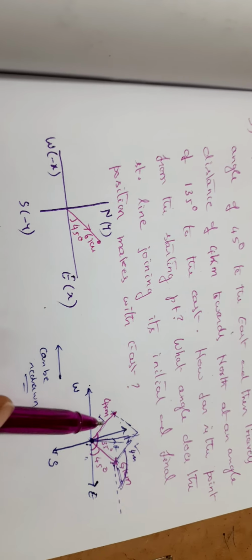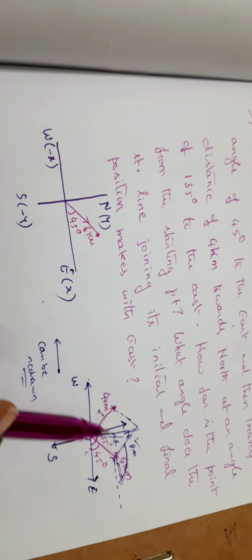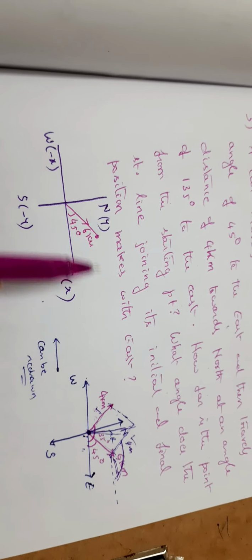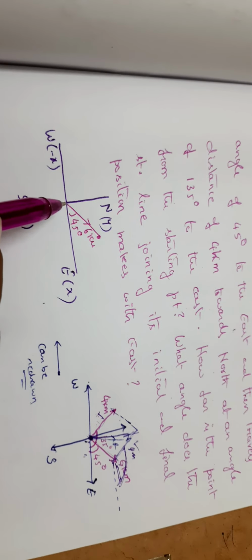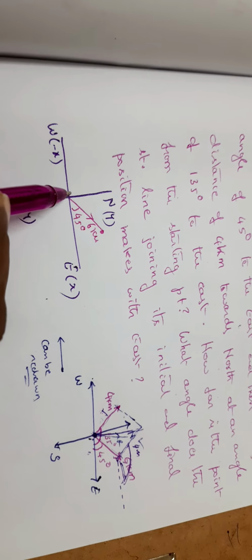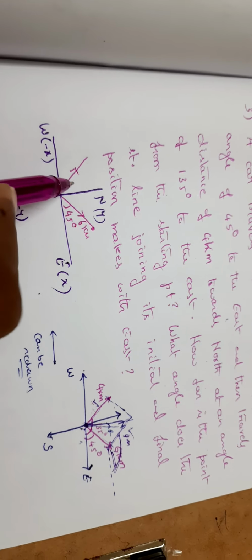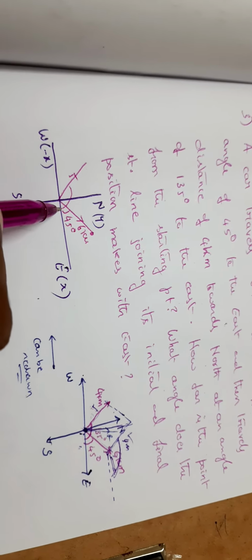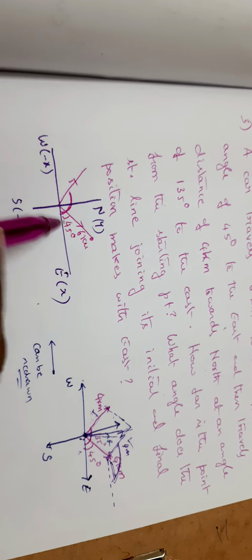The other one, this part I am going to take now. What is the other vector which is acting on the same car? I will draw it here. It can be drawn like that. So, making an angle of 135 degrees with east.